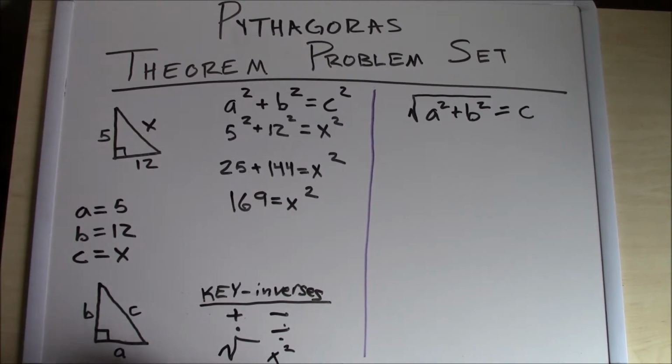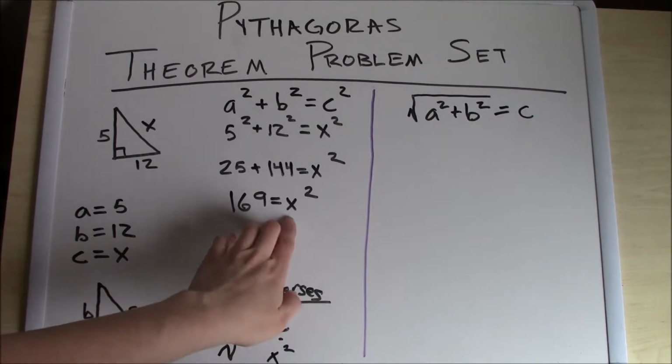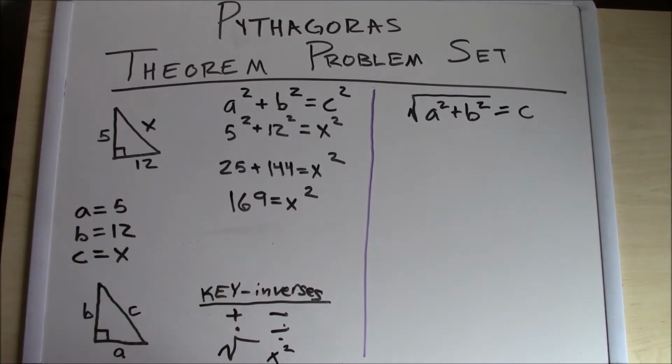So if you have a squared, you're going to need to use a square root. You see, 169 equals x squared, and you're going to want to get rid of this x squared. Well, how do you do that? You look at the inverses, and you see here, the inverse of x squared is a square root.